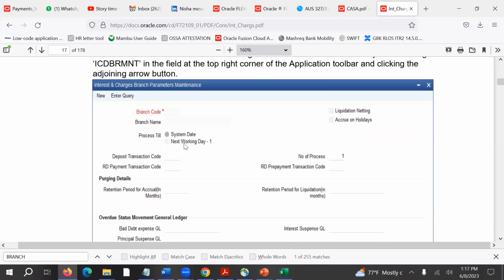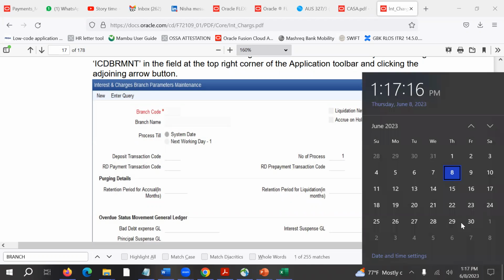So if 30th is a holiday in the Middle East, it will take 29, provided this parameter is set to next working day -1. It will take 30th also, because the first is a working day, so it will process until 30th on the 29th itself. Assume 30th is a working day: my interest will not get credited on 29th EOD, it will do it on 30th.